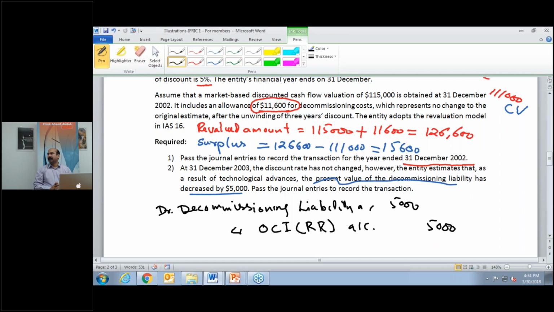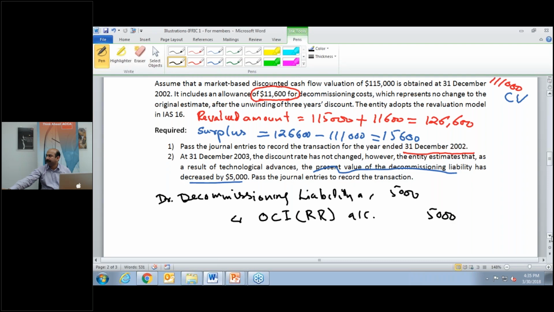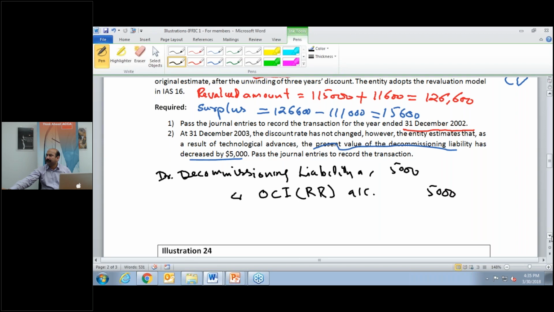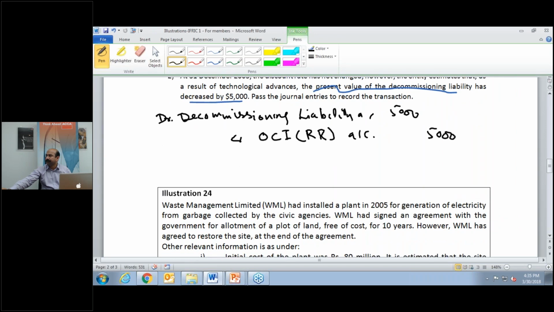So this is the journal entry when there is a decrease in decommissioning liability for an asset which is being carried at revalued amount. Okay, now we move to a very comprehensive one. I hope it is clear, as I showed you the slide and then we made our double entry according to that slide.